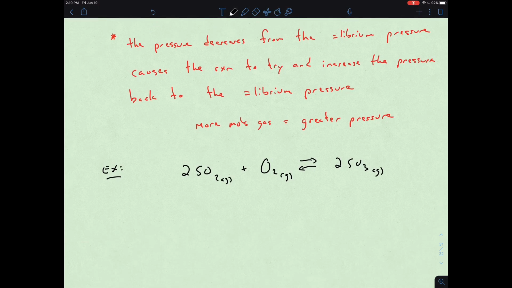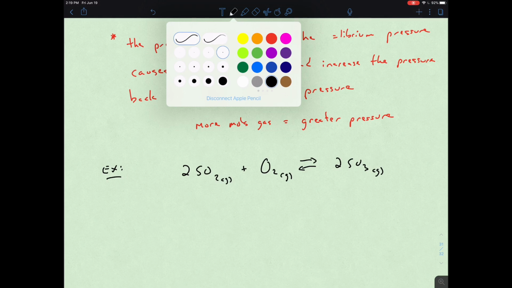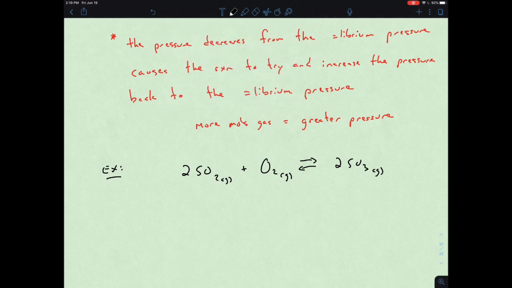So here we have a reaction, and then we could apply a stress. Say, if the pressure was increased, which way would the reaction shift to respond to the stress?